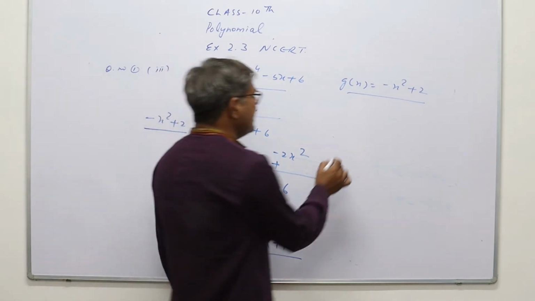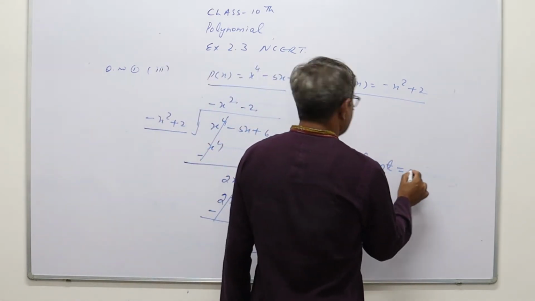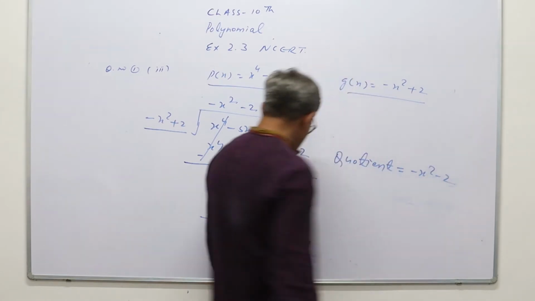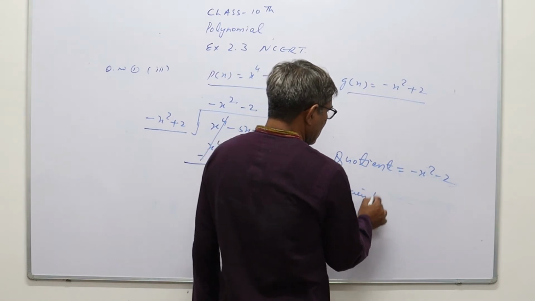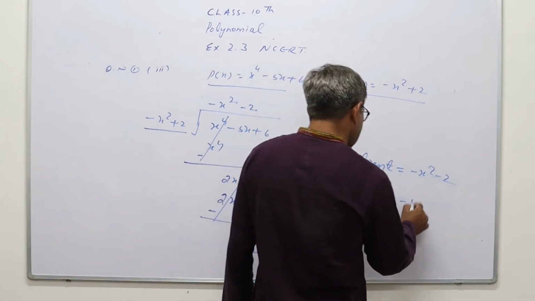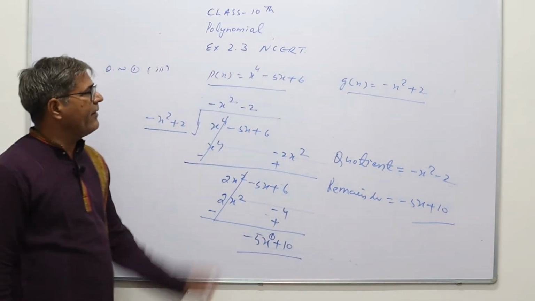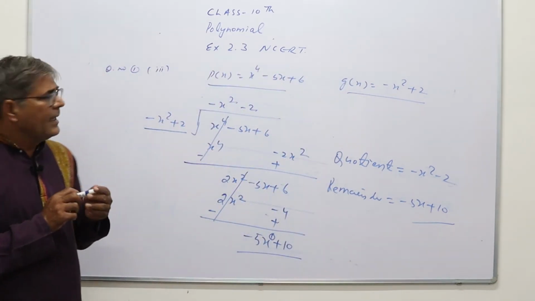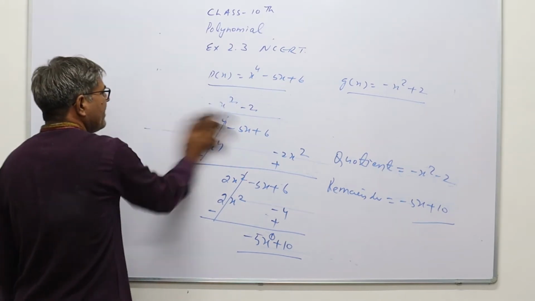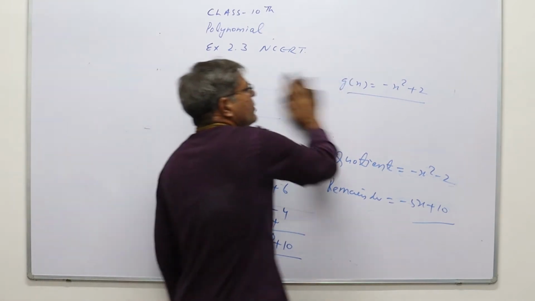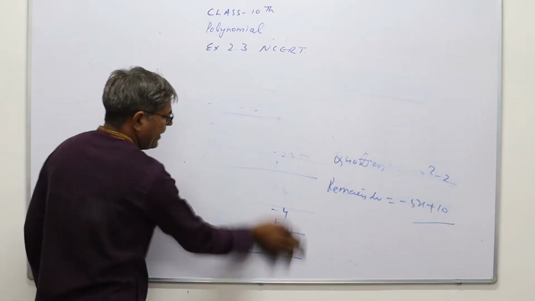So the quotient is minus x square minus 2 and the remainder is equal to minus 5x plus 10. So in this way we can divide the given polynomial by the given polynomial g(x). Now question number second. In question number third there were 3 parts and all 3 we have done.